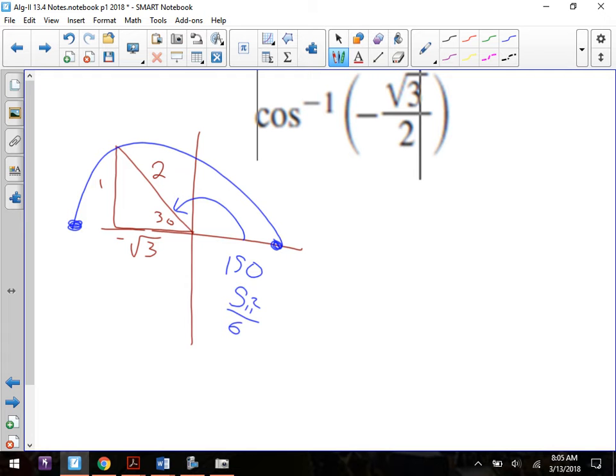Cosine. The 30 degrees, you guys, 30 degrees is the reference angle. Reference angles are always bounced off the x-axis. When we did sine and tangent, it was either up to 180 or up to 90 or down to negative 90. So it didn't worry so much because those were never going to be obtuse angles. Cosine's the weird one. Cosine allows you to go from 0 to 90 to 180.